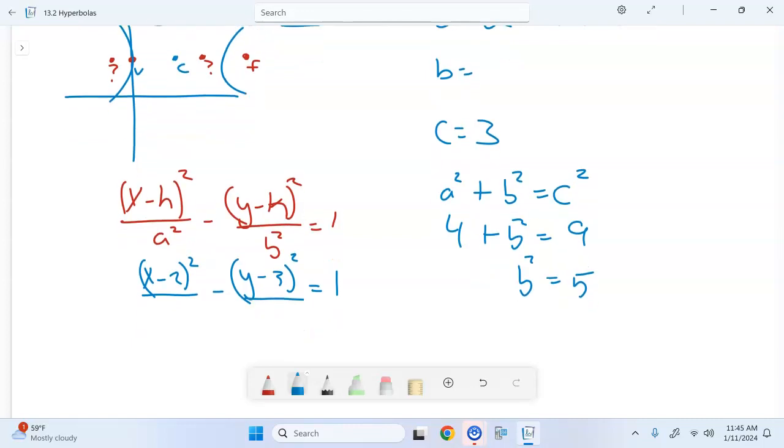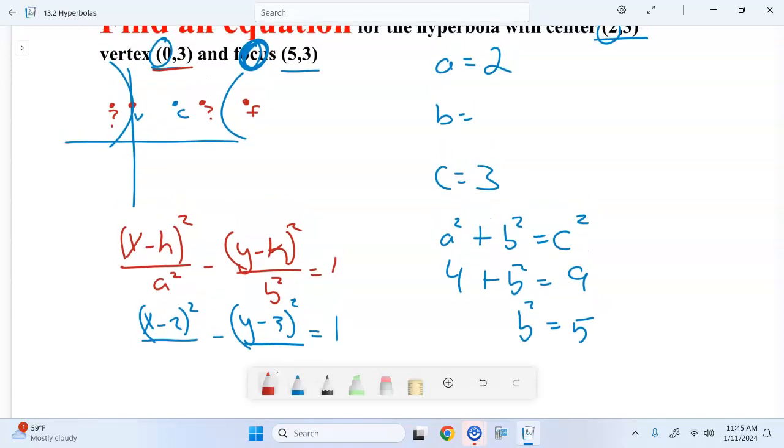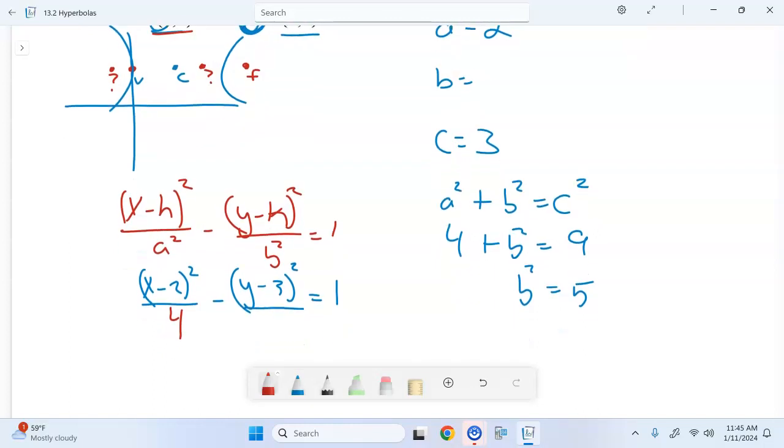So what's our first denominator going to be? 4. A squared. A is 2. A squared is 4. What's our second denominator going to be? Square root 5. You can square root it, get B is square root of 5. You can square it, you're right back where you're at. So I know it's 5. So we plug it in. And we got our equation.